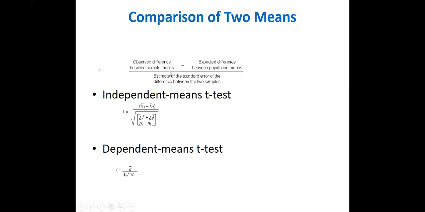Now, if you remember when we were discussing hypothesis testing, talking about assumptions around hypothesis testing, I remember saying that a t-test is the simplest way to understand hypothesis testing. And all hypothesis tests are the same thing.